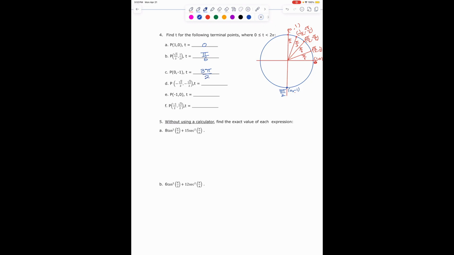Next is negative square root of 2 over 2 and negative square root of 2 over 2. So I know that square root of 2 over 2 and square root of 2 over 2 is this one right here. Now, this point is actually in the third quadrant, so it's right here.